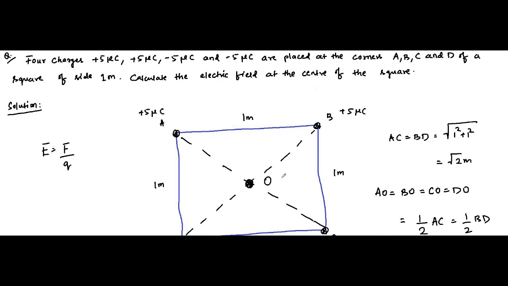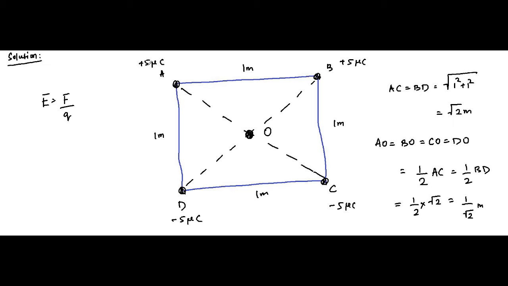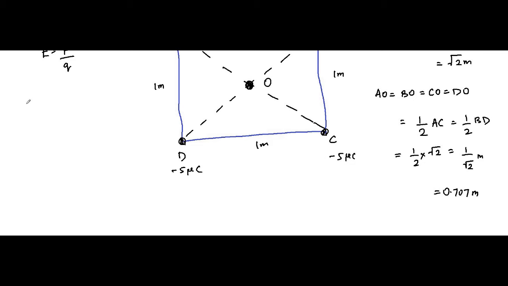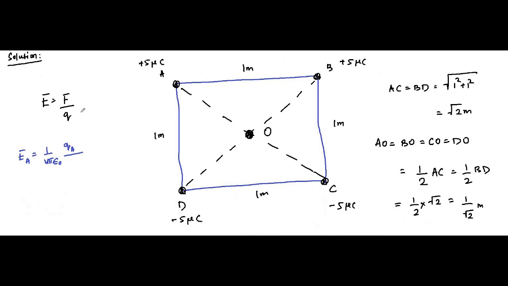So now electric field at O due to the plus 5 microcoulomb charge at A is equal to 1 by 4 pi epsilon 0 into the charge placed at A by AO whole square, which is equal to 9 into 10 to the power 9 into 5 into 10 to the power minus 6 by 0.707 whole square.